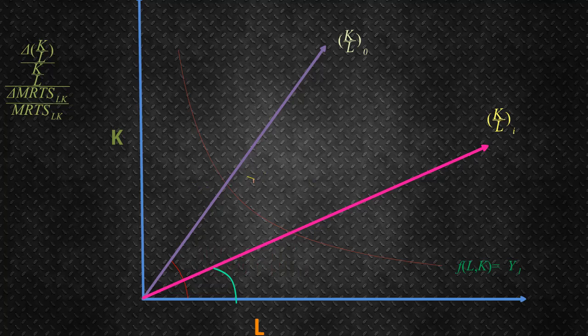Now suppose our initial point is A0 and we move to point A1 along the Y1 isoquant. On this move, the proportionate change in capital labor ratio can be viewed as angle 1 minus angle 0 over angle 0.